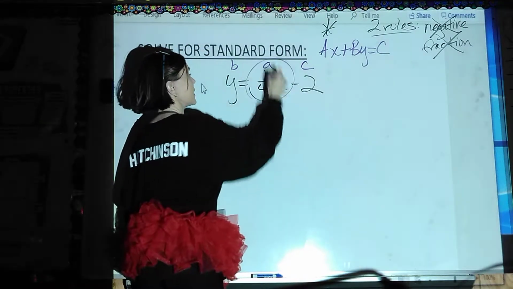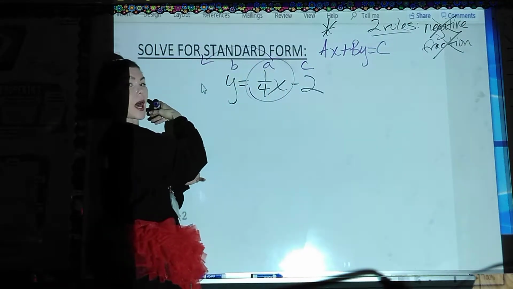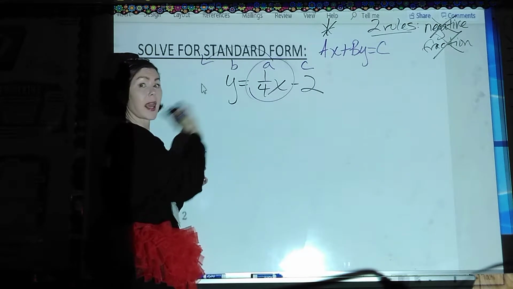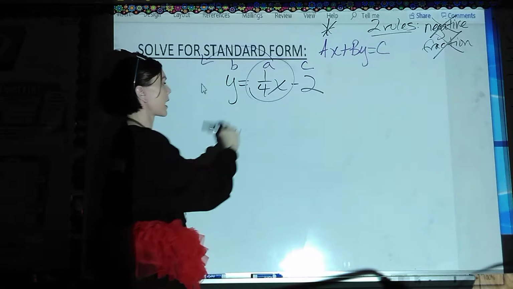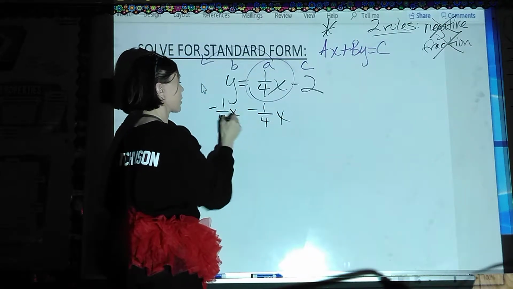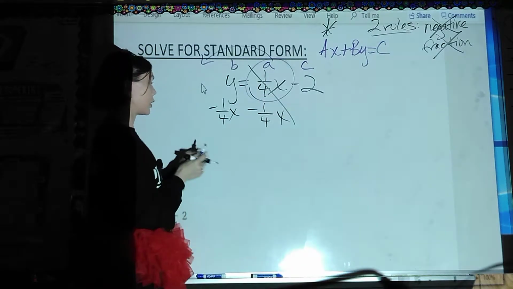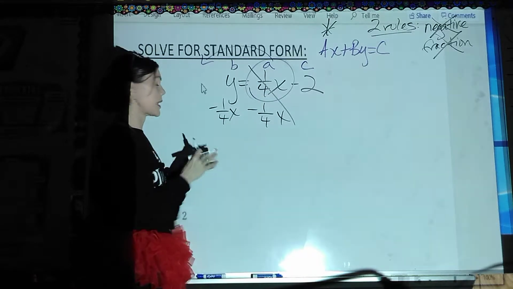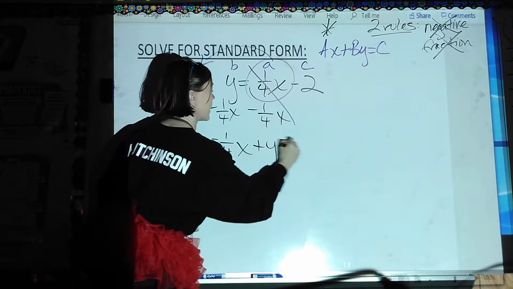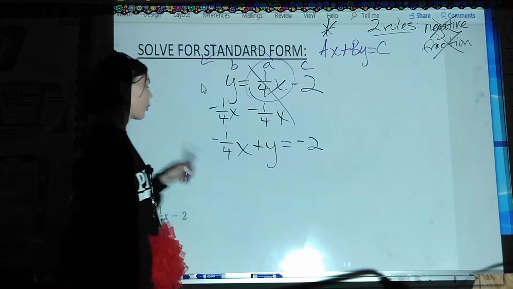We need to move this 1/4 to the other side. We need to make it ABC. How do we do that? We're going to subtract 1/4 x from both sides. Now we have to put our A term first, which is a negative 1/4 x, plus y equals negative 2.